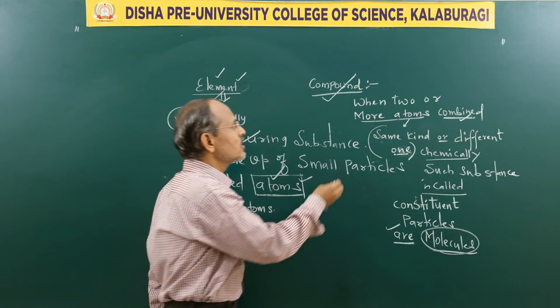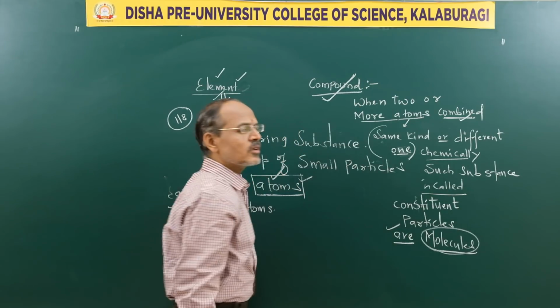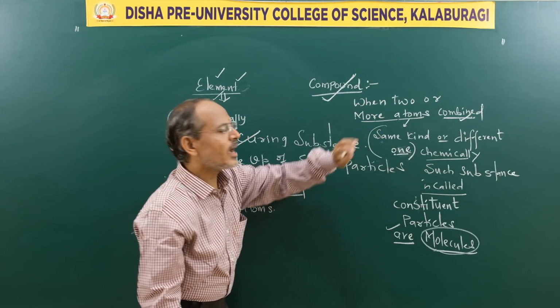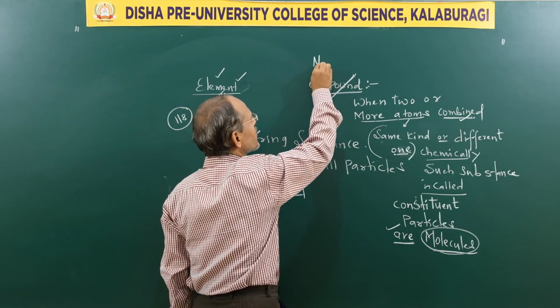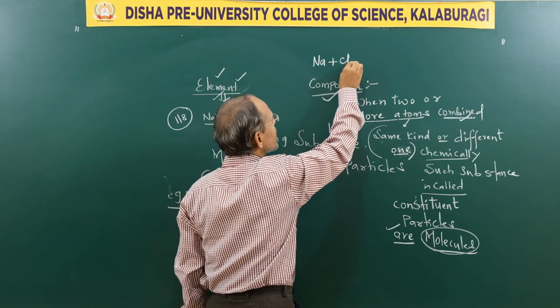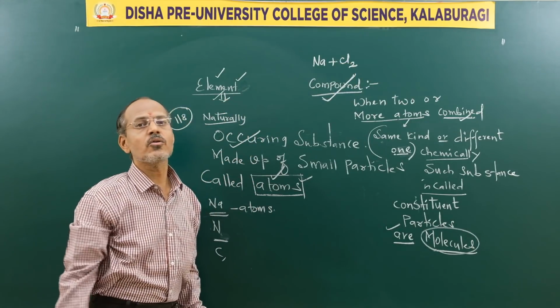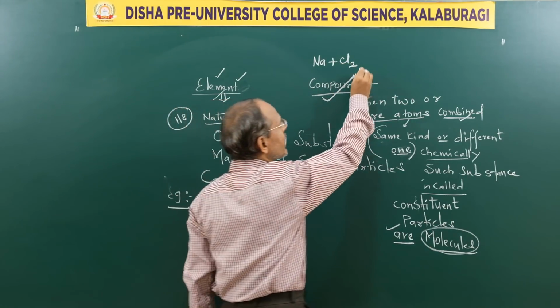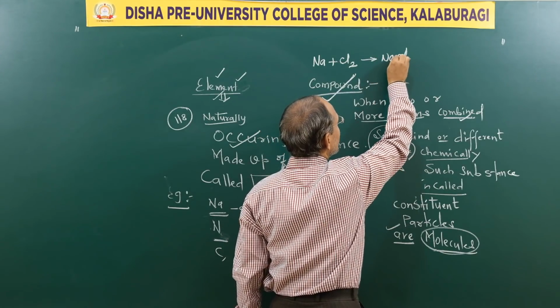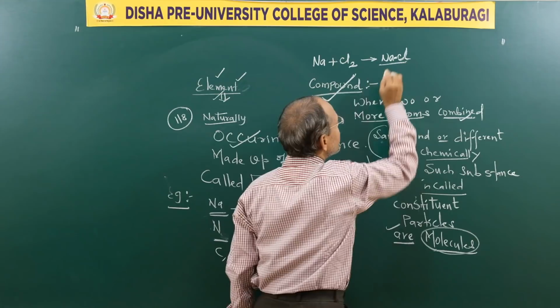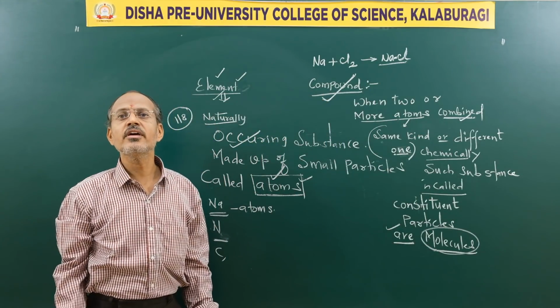Second comes compound. When two or more atoms, for example sodium, combine with chlorine, then you will get a product called sodium chloride. Here the bond between sodium and chlorine is a chemical bond.